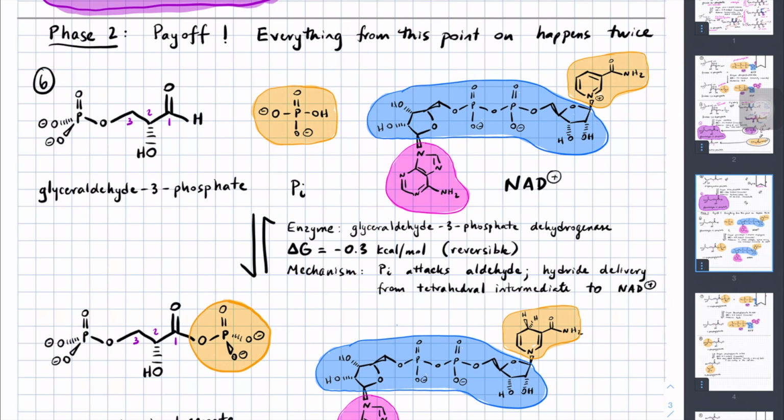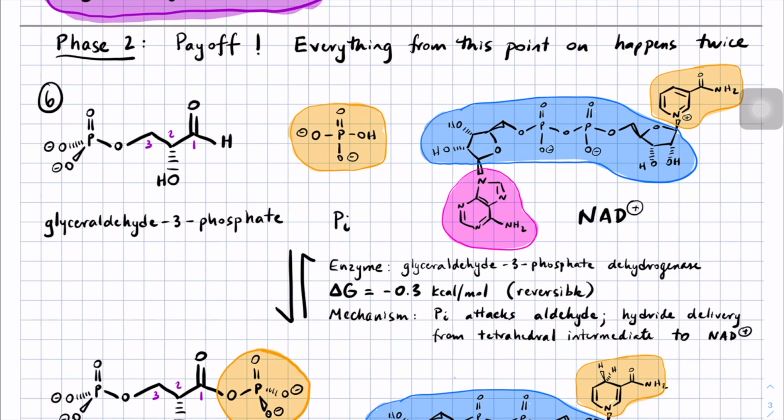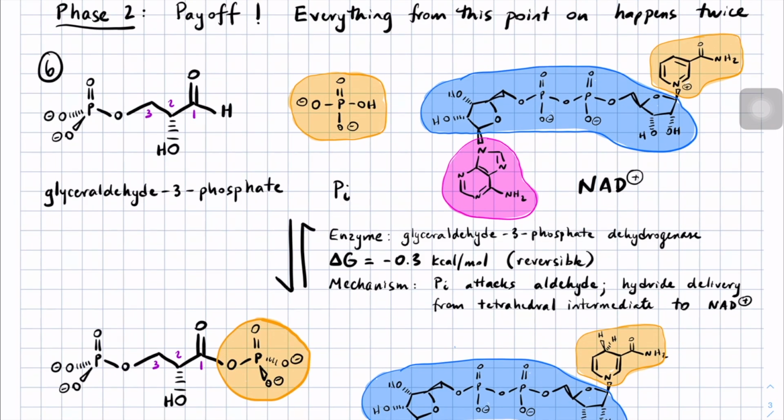This is the payoff phase. Everything from here on happens twice, and we're going to start generating energy-rich molecules, high-energy molecules that we can use to do other reactions. So this reaction is kind of an interesting and confusing one.